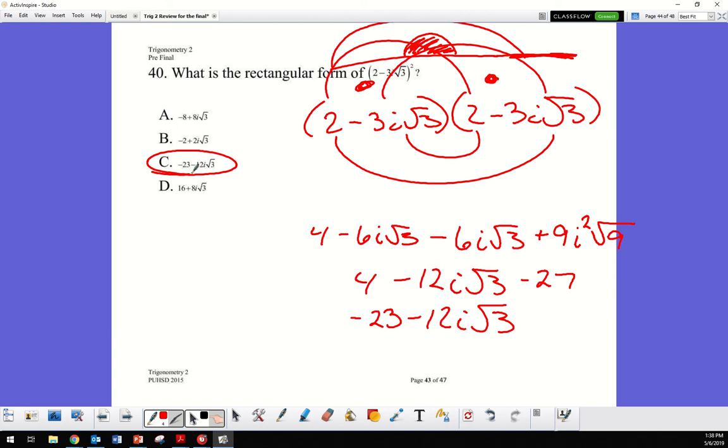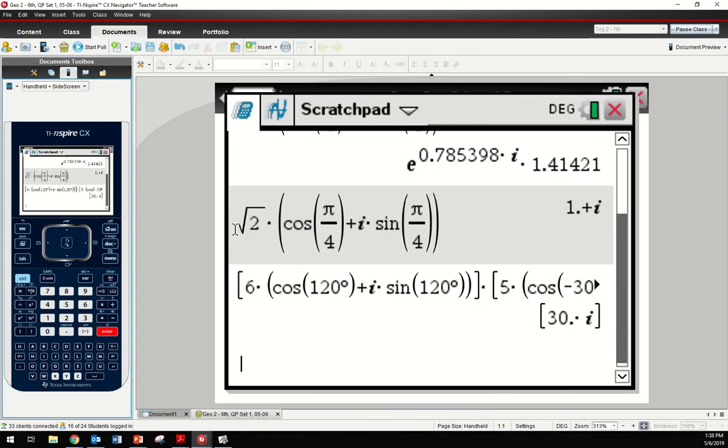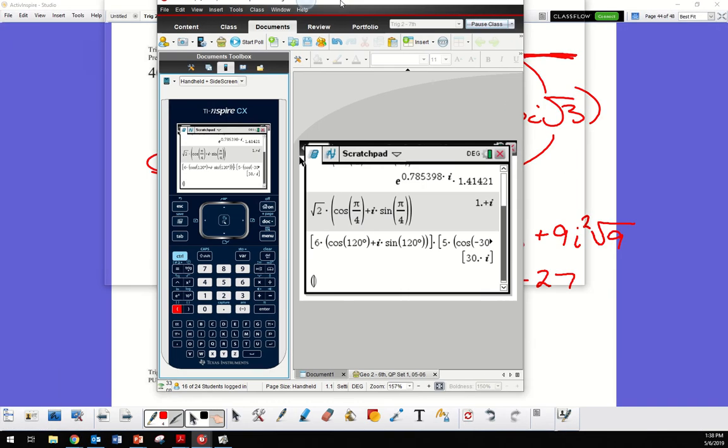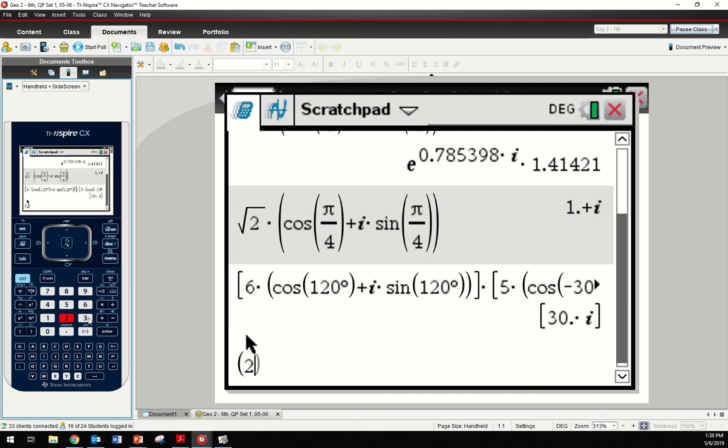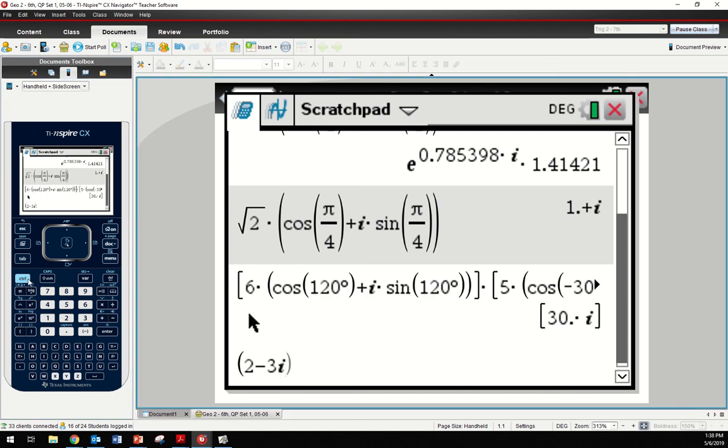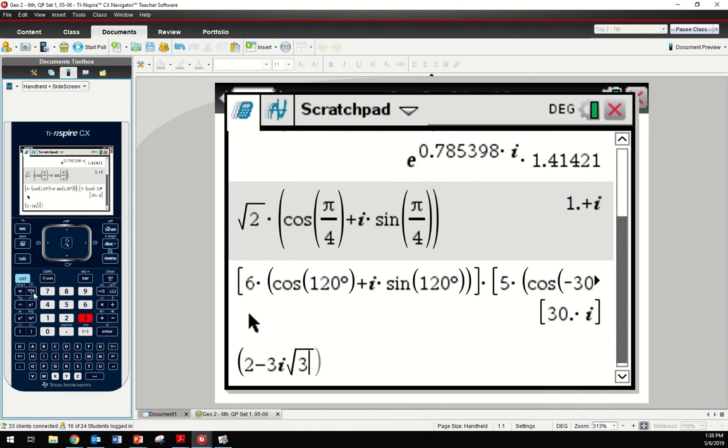All right, let's see if you guys can plug this in the calculator correctly then. It gives you a decimal. The 23 gives it away. So it is parentheses, 2 minus 3i, and square all of that.